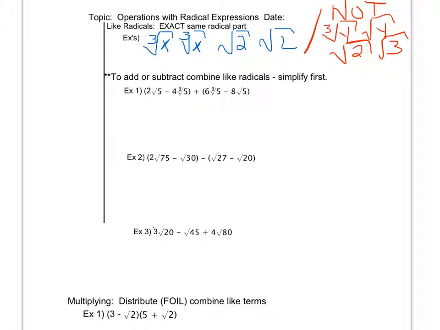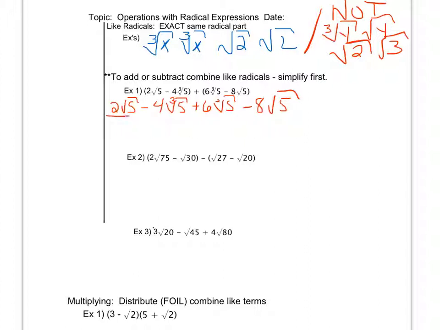So I'm just going to rewrite this as 2 square root of 5 minus 4 cube root of 5 plus 6 cube root of 5 minus 8 square root of 5. Sorry, this cube root is kind of hard to read. From here, I combine my like radicals: same index, same variable or number underneath.